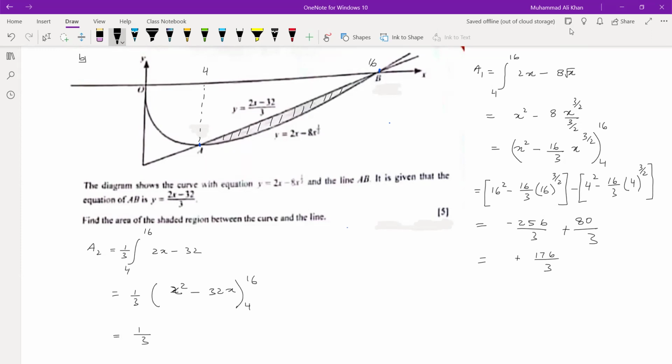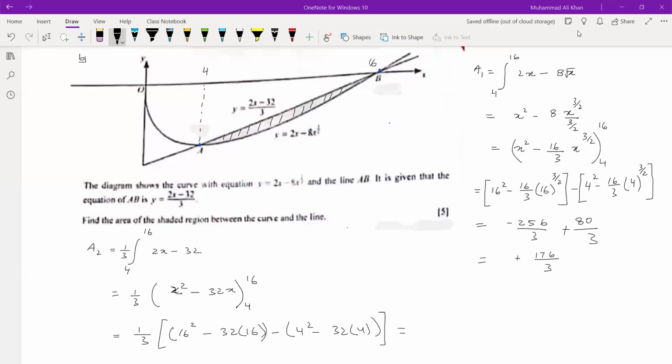Again, using our calculator, we calculate the upper limit 16 squared minus 32 into 16, and the lower limit 4 squared minus 32 into 4. So the final answer is 48.